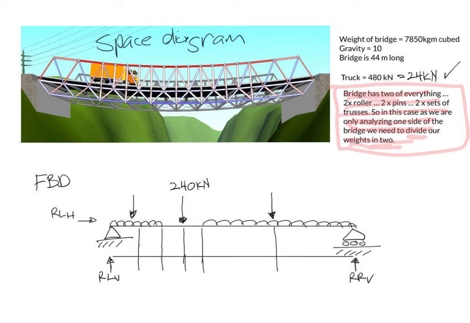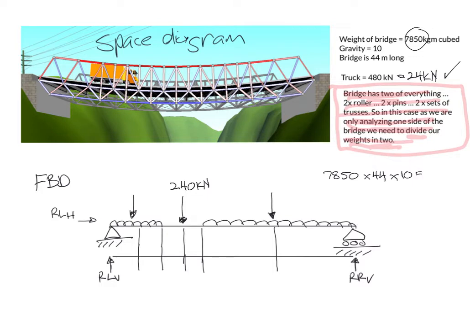I also know here, and this is what I've got to look at, I've got an overall weight of 7,850 kilograms per cubic metre. I know that I have 44 metres of bridge, and then I've also got to turn it into newtons by timing it by 10 to get gravity.